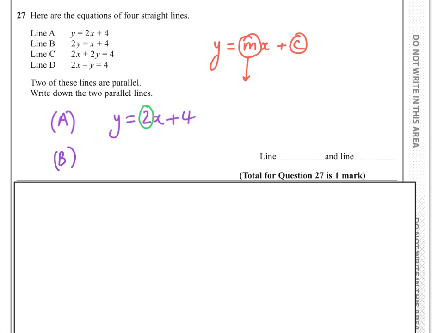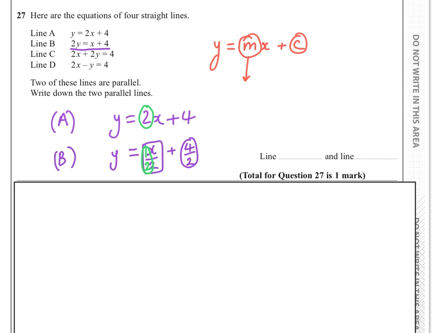For line B, we have 2y equals x plus 4, which would mean y would be x divided by 2 plus 4 over 2. Now 4 over 2, that's just the intercept, we don't have to worry about that. But y equals x over 2 means the same as y equals a half x plus 2. So the gradient for this one is just 1/2.